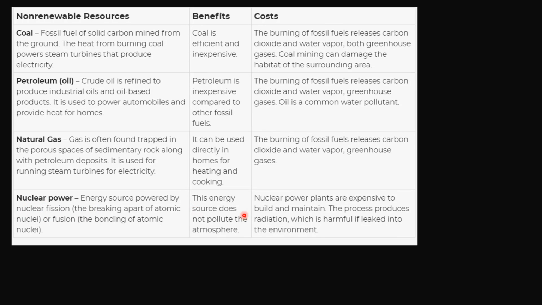So nuclear energy doesn't release any greenhouse gases, but if you don't use it properly, it could produce radiation, and there could be a nuclear meltdown. Then the surrounding animals and people and everything could get cancer and stuff like that if there is too much radiation. So this one has certain advantages, but also some disadvantages as well.